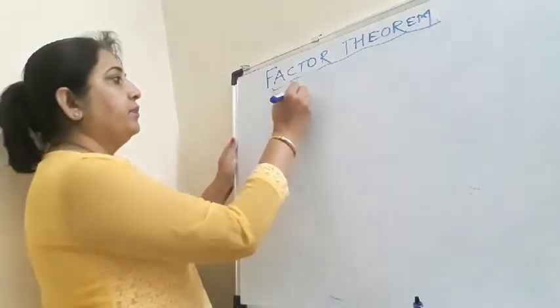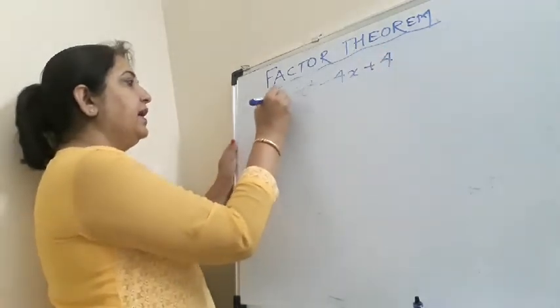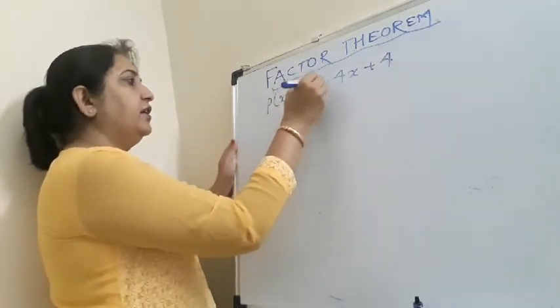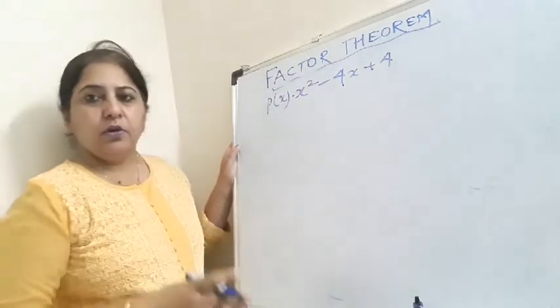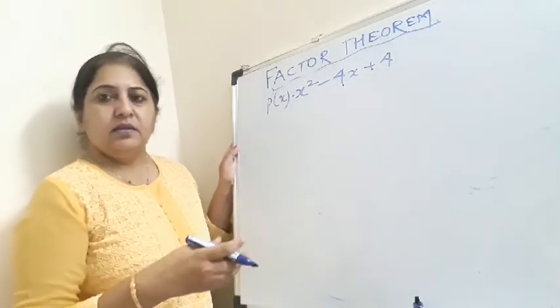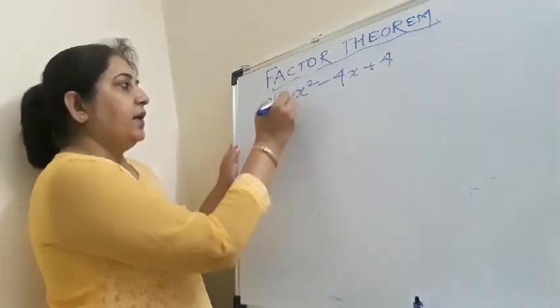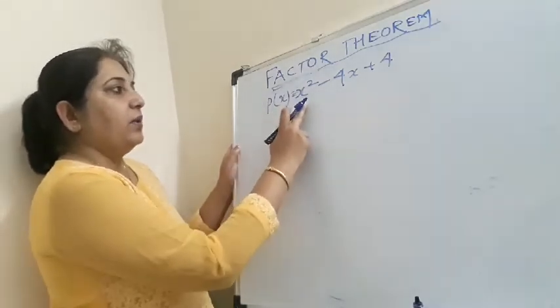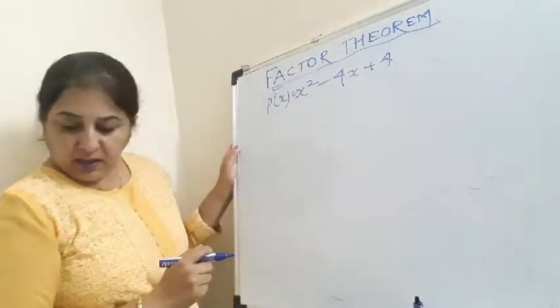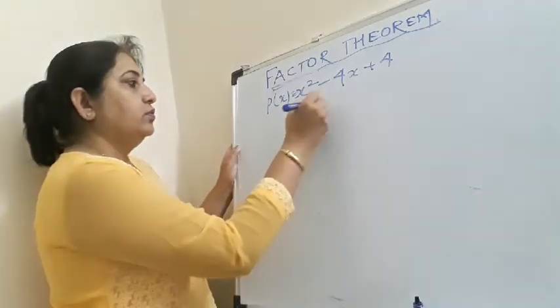x square minus 4x plus 4. Okay, p(x) is a polynomial with degree 2. I hope you remember degree, linear polynomial, cubic polynomial, and all the other topics which I had explained to you in the beginning. So keep revising them. Okay, so back to the factor theorem. p(x) is equal to x square minus 4x plus 4, and the divisor given to us is x minus 2.